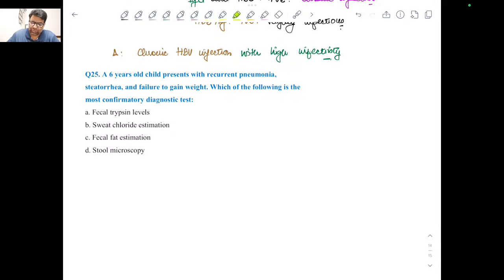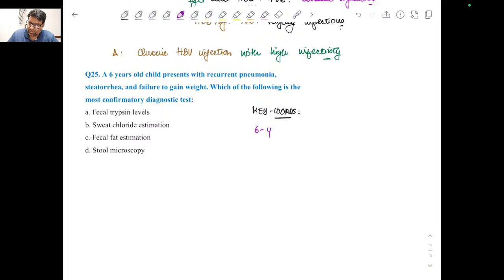Then the last question: a 6 years old child presents with recurrent pneumonia, steatorrhea, and failure to gain weight. Which of the following is the most confirmatory diagnostic test? So again, you have to evaluate the keywords first. You have to make a clinical diagnosis, then only you can answer which test will be best for this condition.